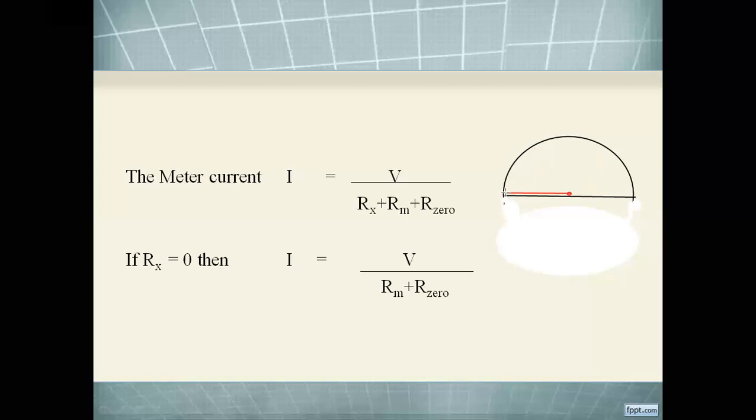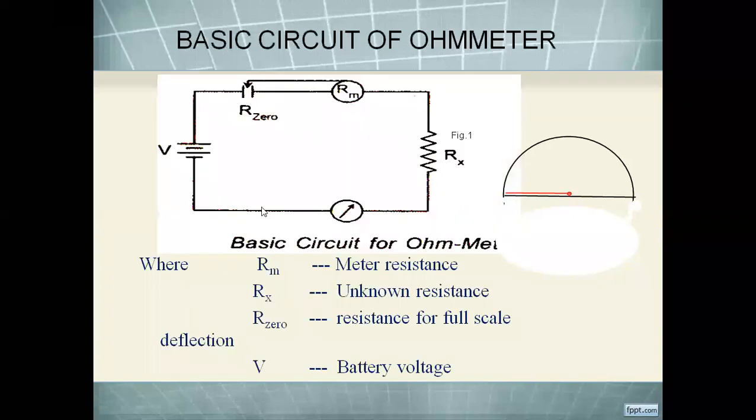Now, how do we calibrate our basic meter for the basic circuit of the ohmmeter? So let us take the initial position of the basic meter. It should actually be at the leftmost side. Now, what happens if Rx is equal to 0 for the circuit shown? It means we'll have to short circuit this.